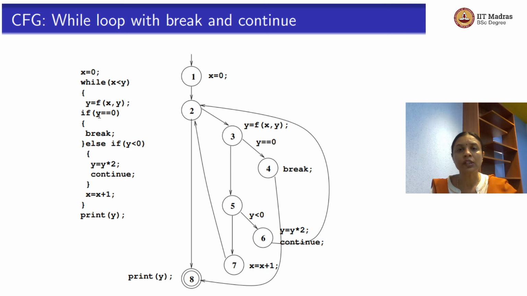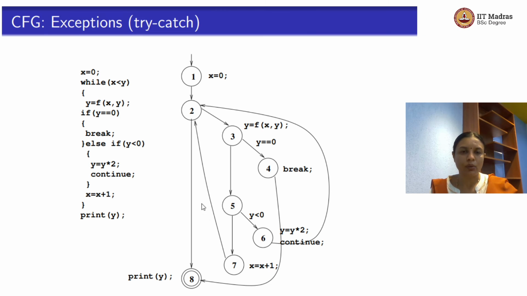Suppose the if statement returns true, that is y indeed happens to be 0. Then I go to the line break, which is represented by node 4 in the control flow graph.